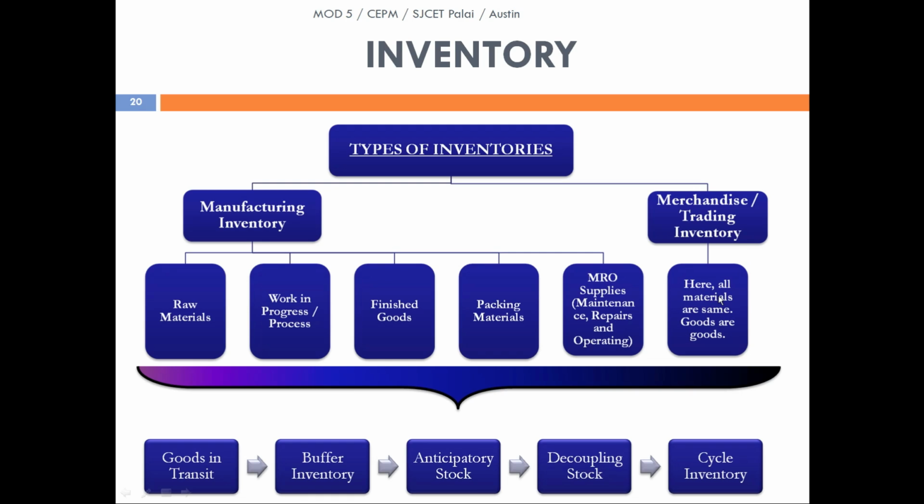So direct inventories mainly consist of the items that are directly used for production or manufacture. Here we see raw materials in the procurement stage, work in progress or processing stage inventory, finished goods, the goods that are ready for sale, packing material inventories, and MRO, which means maintenance, repairs and operating inventories required for the finished goods.